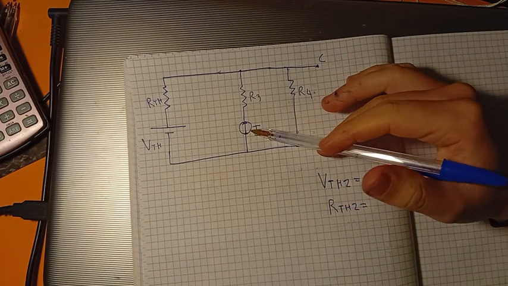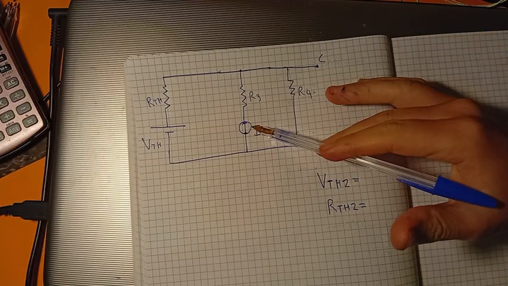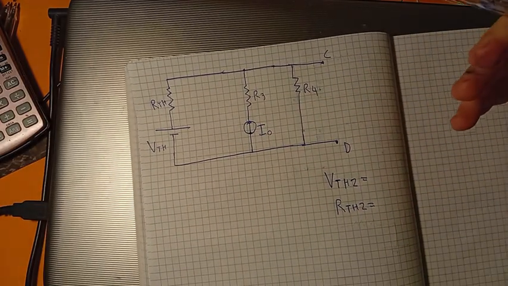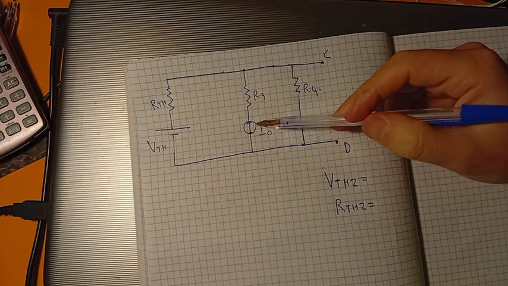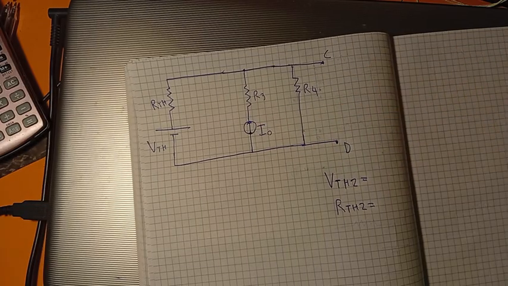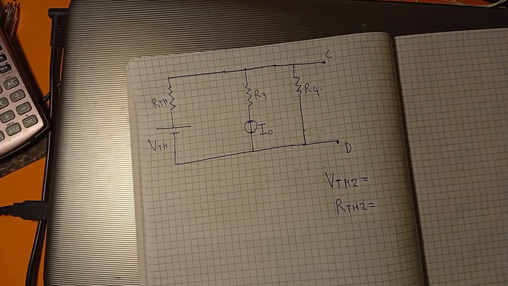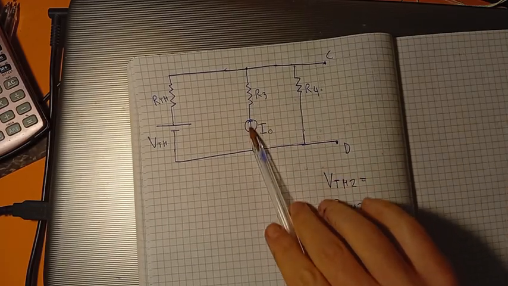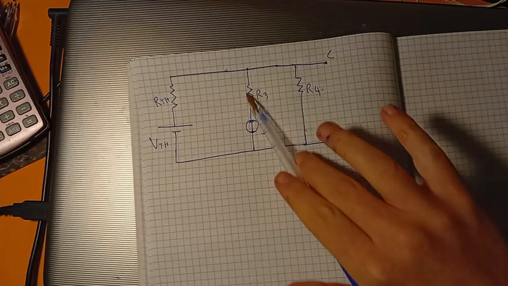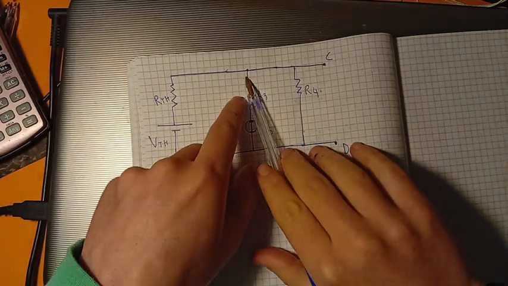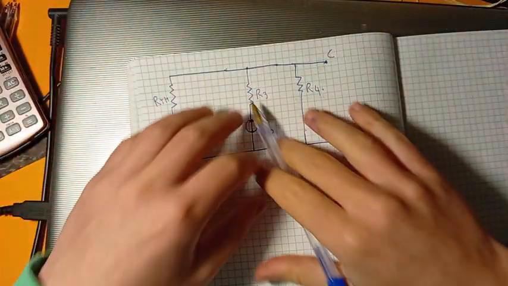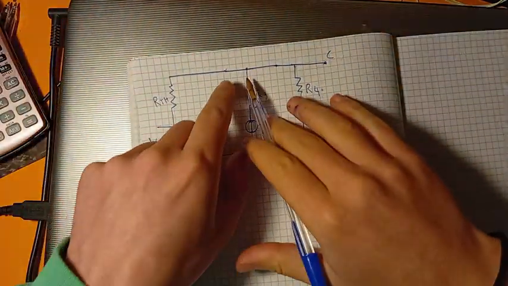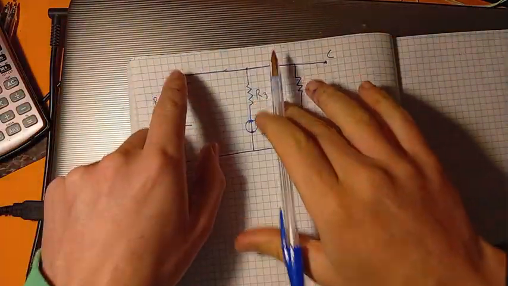This branch has a current source, so I cannot consider it as a real branch. I have to consider it as if it almost does not exist. The only thing this wire does is that there is a current here which enters the circuit from here, okay?